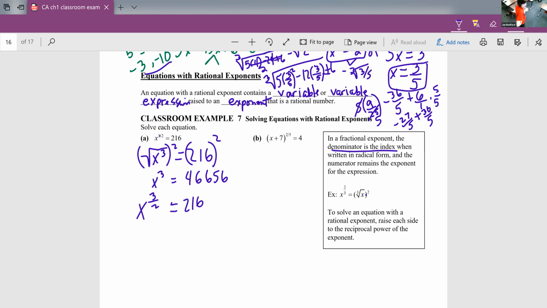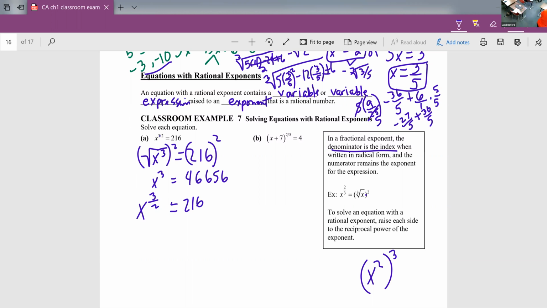What happens if I have a power that is raised to a power? What do I do with those exponents? Multiply them. So here's what I'm thinking. If I were able to put an exponent on it that when I multiplied, it would turn into a 1, then I would know what x equals, right?